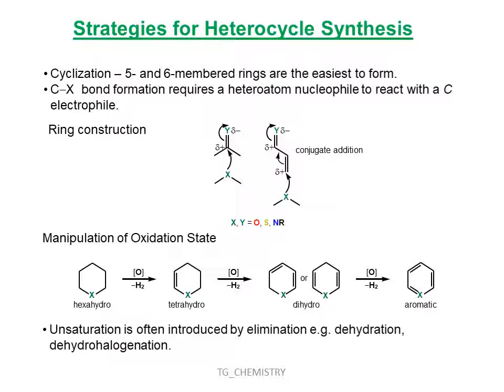Like here, from the hexahydro compound, by means of oxidation we can have the tetrahydro one, which on further oxidation can produce the dihydro compound, and finally further oxidation can lead to the aromatic heterocycle. Now, this unsaturation is often introduced by elimination, like dehydration or dehydrohalogenation processes.